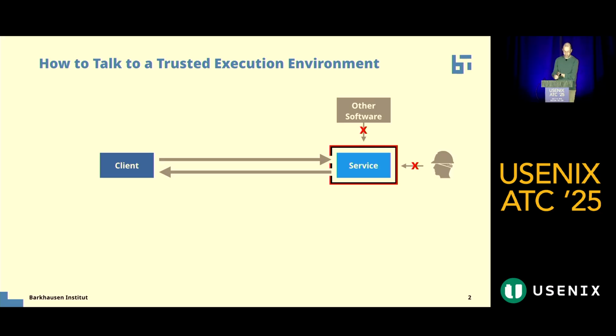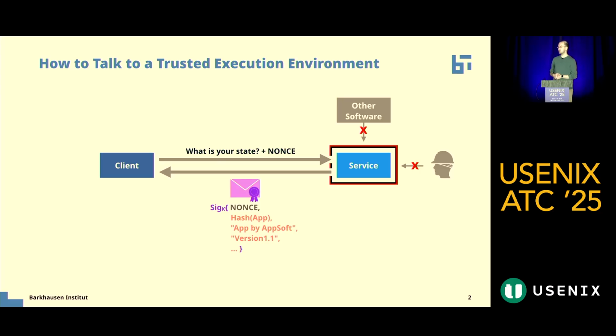So at the start of the conversation, the client would ask this remote trusted execution environment about its state and include a nonce for freshness. What you get back from the remote side is what's called an attestation report. This is essentially how remote attestation works. If we look inside this report, it contains the nonce again to validate that this is a fresh answer.